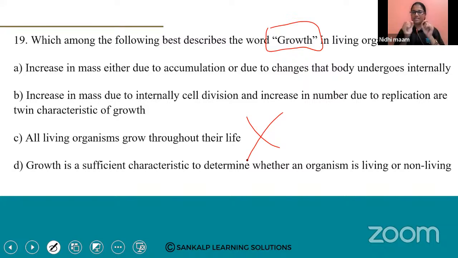So it is not only a characteristic of living organisms. We have to consider other characteristics also. It is not the only basis. Growth alone cannot be the basis for saying that something is a living organism. So let us see which is the right answer. All statements seem correct, right? So option B is the right answer here.